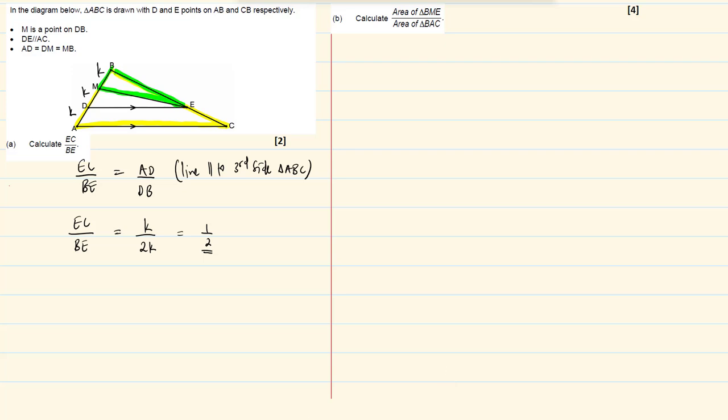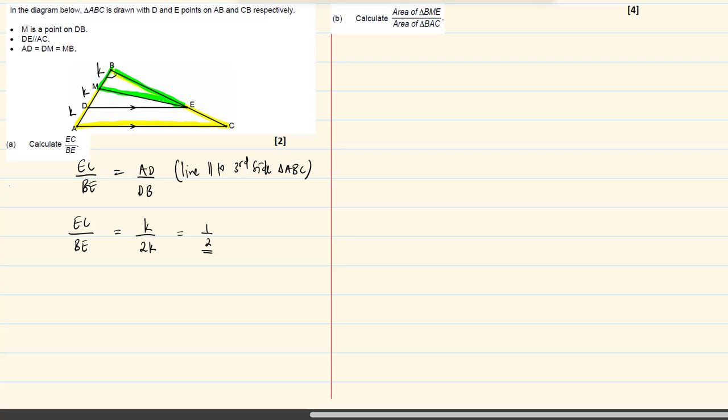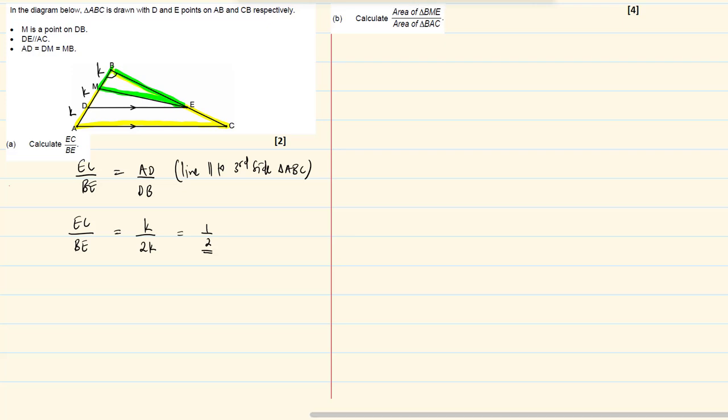You can notice that the two triangles share this angle B, and if they do, it's easier to calculate, since we don't have the lengths. Let me take a step back and say that by making use of the proportional division theorem, where a line is parallel to one side of the triangle, we know the ratio EC is going to be 1 over 2.